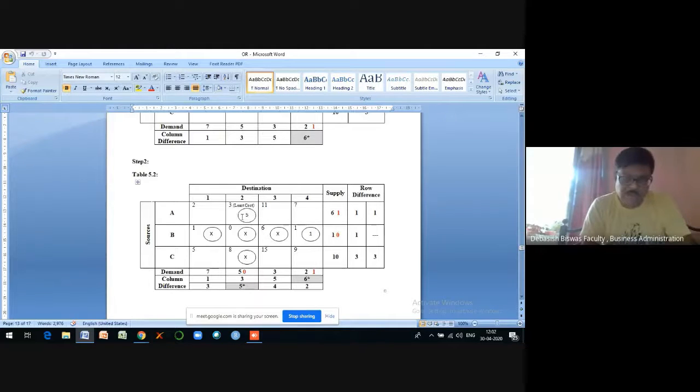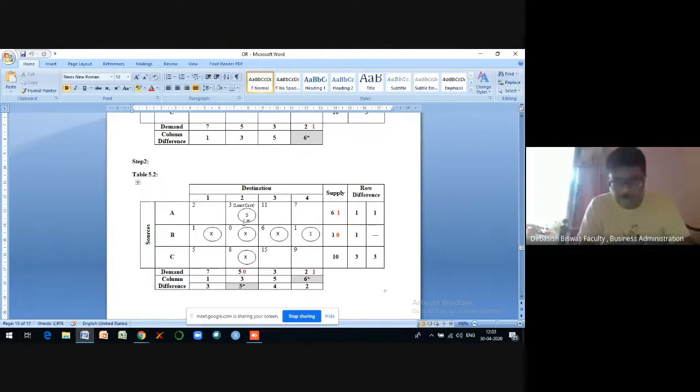And when we are considering this cell, we are comparing with supply and demand. Here the supply is 6 and here the demand is 5.